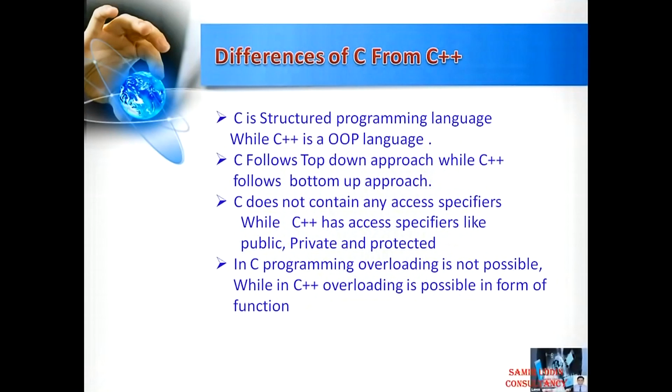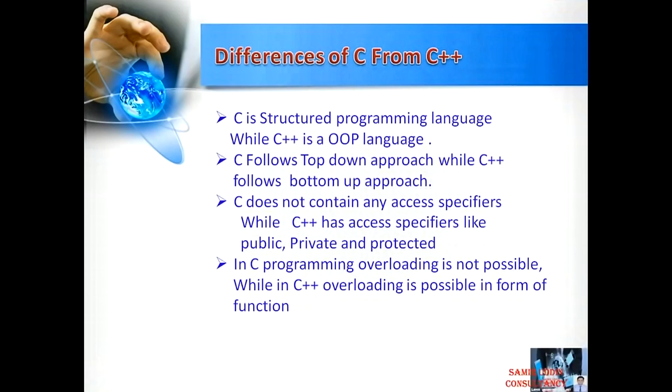There are some differences between C and C++. C is a structured programming language as we discussed earlier, while C++ is an object-oriented programming language which consists of objects, classes, polymorphism, data hiding, etc., some other concepts which I have already covered in my Java tutorial.